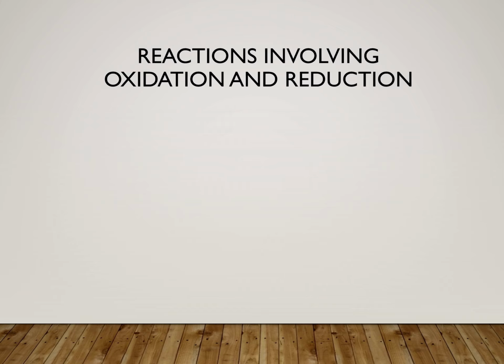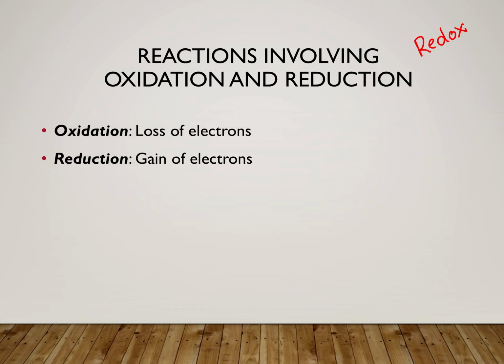These reactions are called oxidation-reduction, but we call them redox for short. So redox reactions and oxidation-reduction reactions mean the same thing. Oxidation is the loss of electrons. If something is being oxidized, it is losing electrons. And reduction is gain. If something's being reduced, it is gaining electrons.